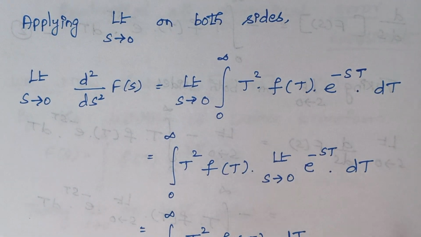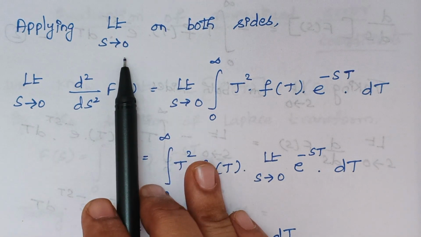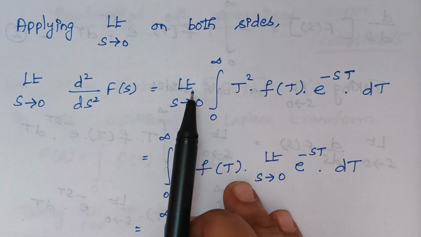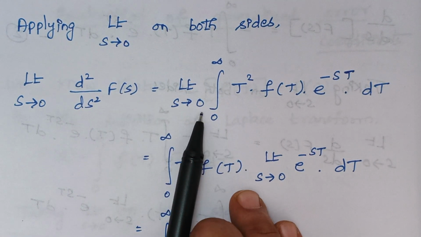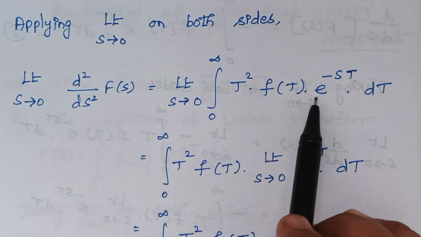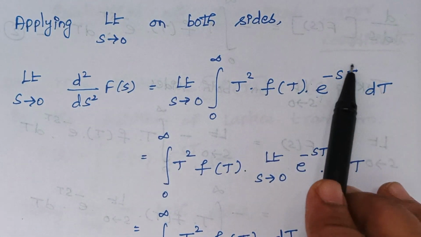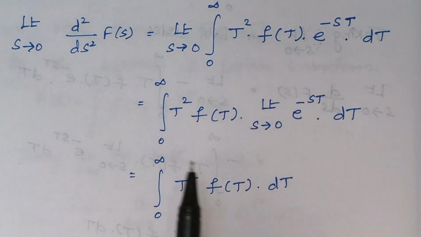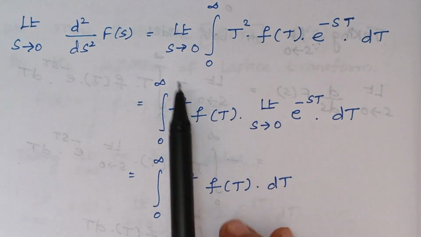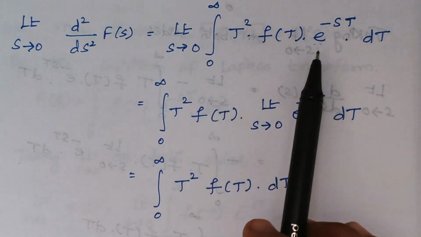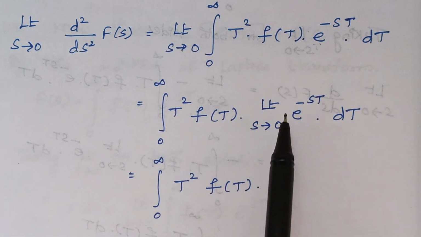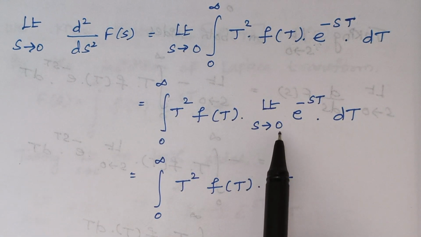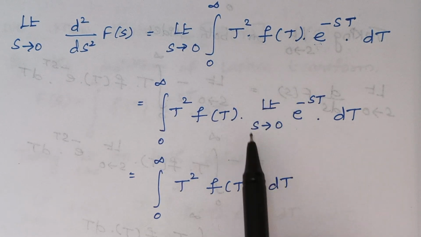Again the next step is, as usual, to apply limit s tends to 0 on both sides. When you apply limit s tends to 0, this exponential term reduces to 1. Same story: t square f of t, and when I apply the limit s tends to 0 to this exponential term, it reduces to 1.